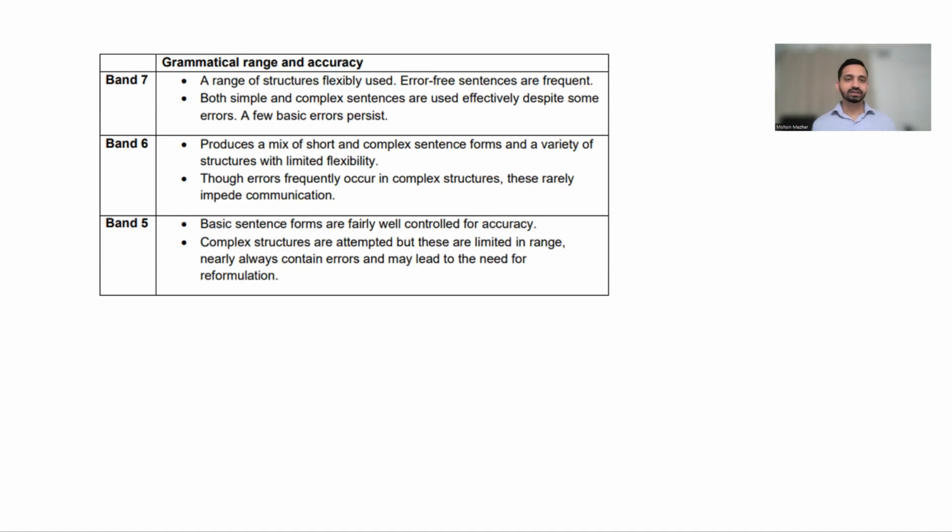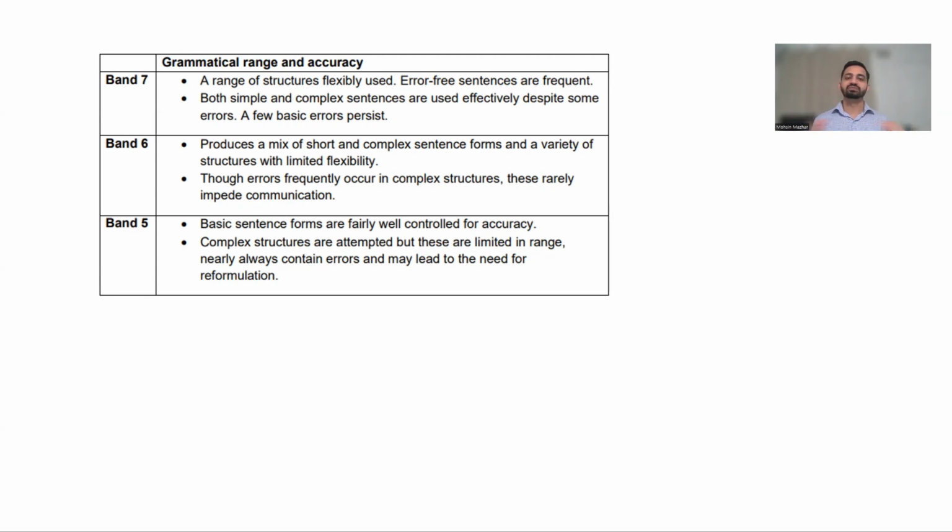All right, let's look at grammatical accuracy and range. In one of the lectures I did put a link where you can find the bands for all of the 4 skills that are tested in IELTS. Grammatical range, let's just quickly review the grammatical range and accuracy. Let's start with band 5.